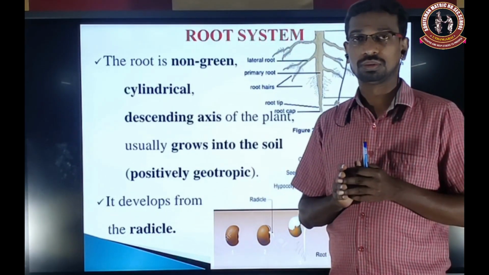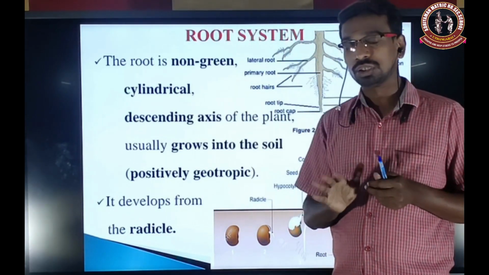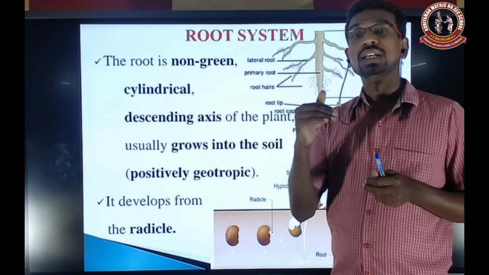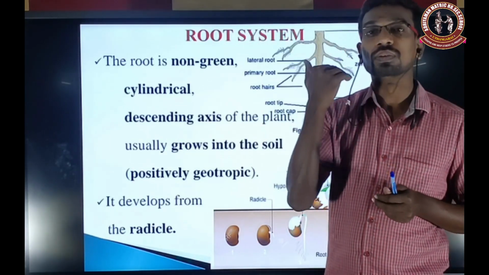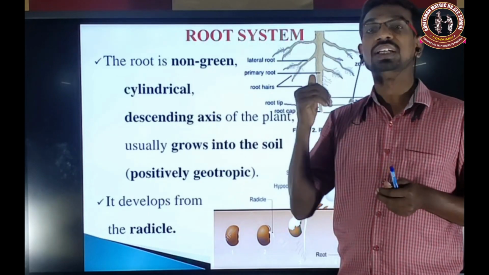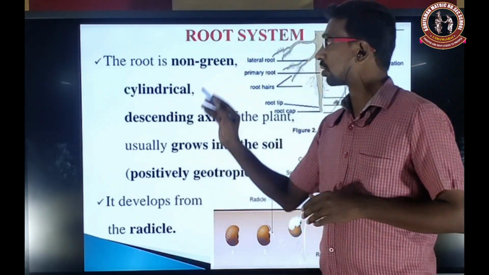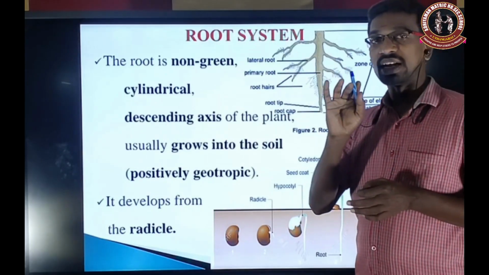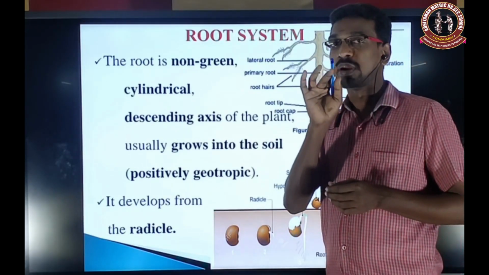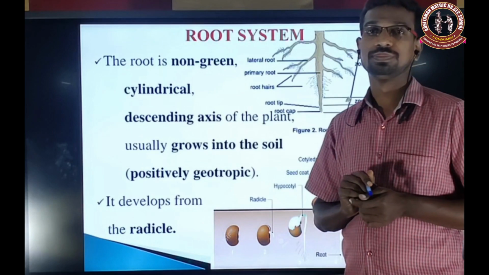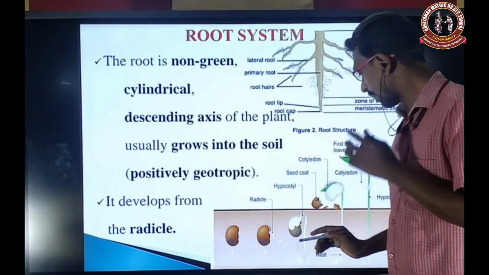Most of the roots are negatively phototropic and positively geotropic. They develop from the radicle. So the root originates from the radicle. The radicle is an embryonic root structure.